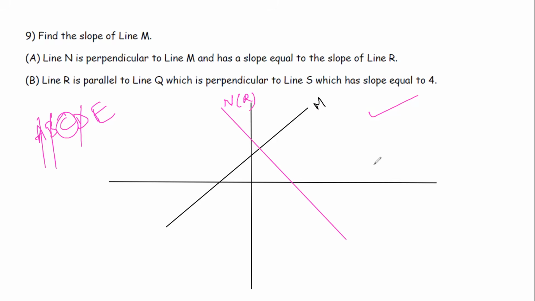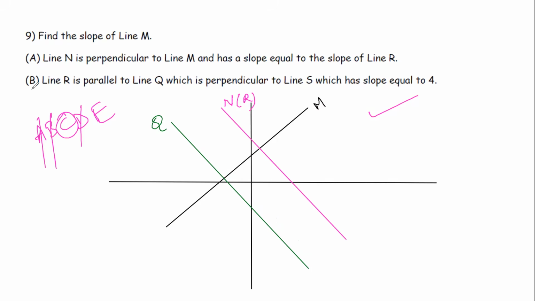Now what is R? R is parallel to line Q. So I'll draw it with a green line, line Q. So that's your Q. Line R is parallel to line Q. And line Q is perpendicular to line S. So another perpendicular.